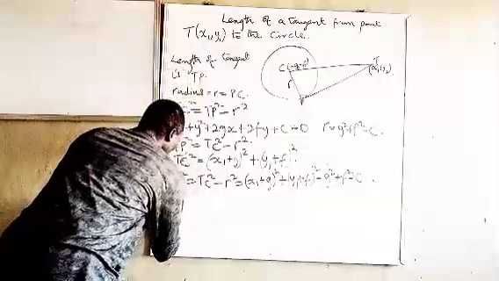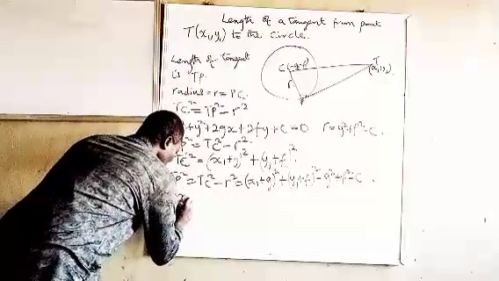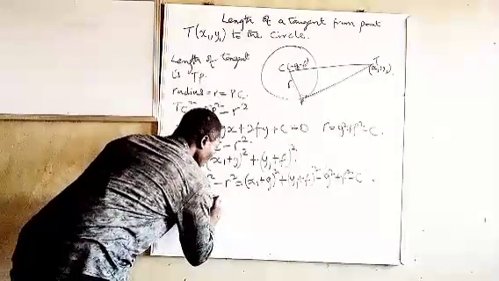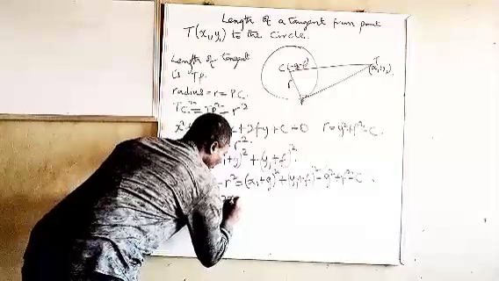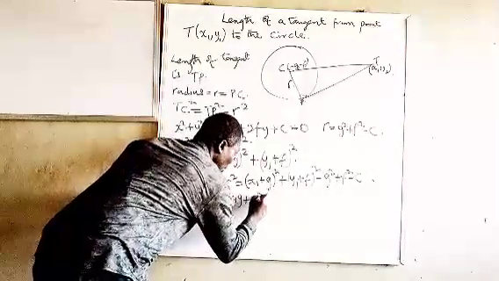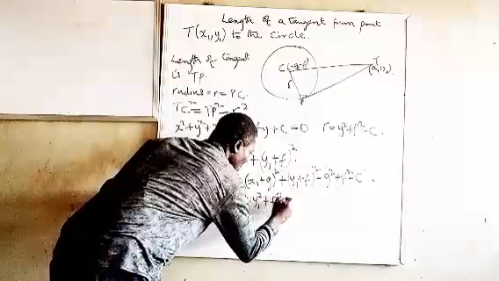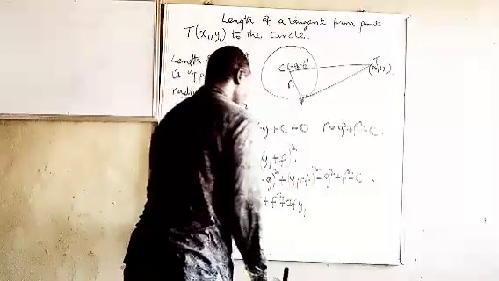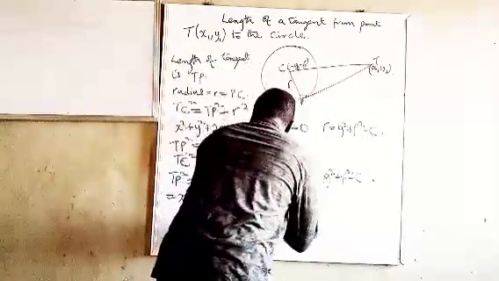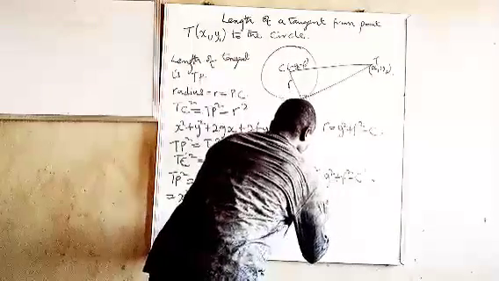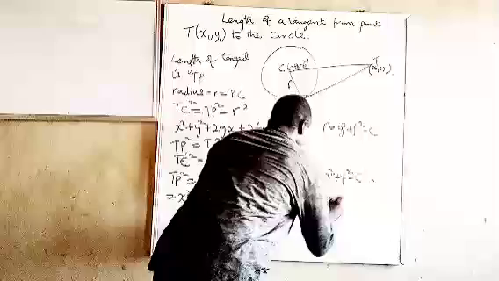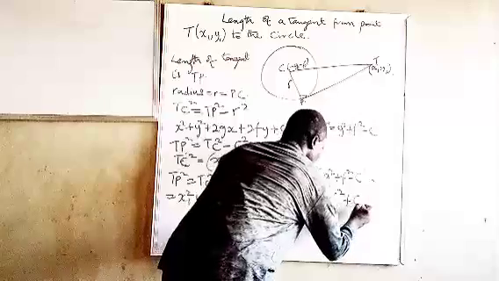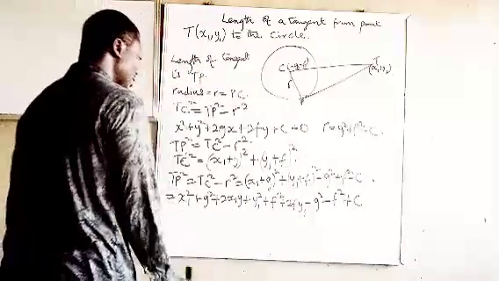So let's expand this. We have x1 squared plus g squared plus 2x1g plus y1 squared plus f squared plus 2fy1, minus g squared minus f squared plus c. And what is that going to give us?